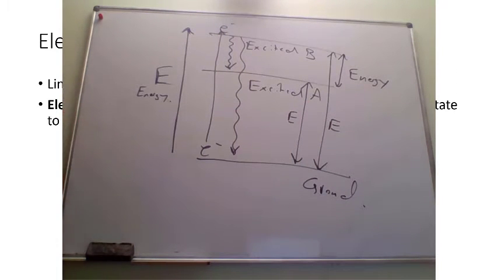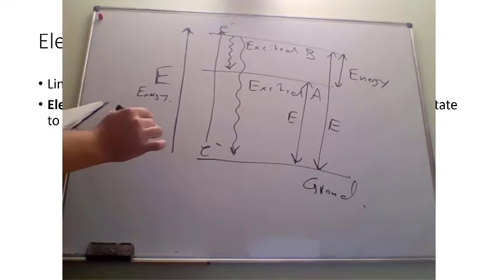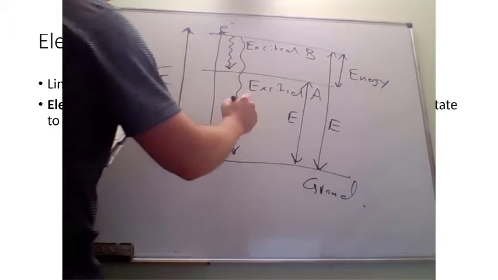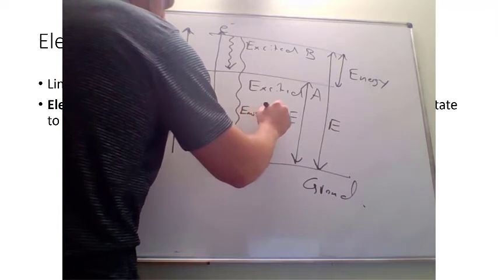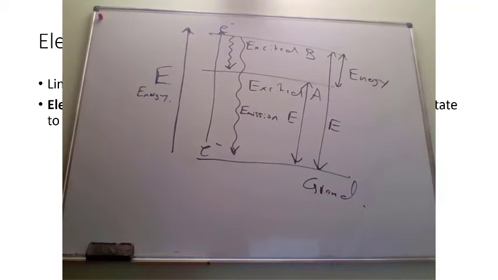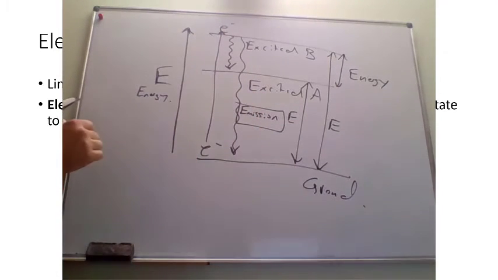Okay? And so this process of an electron returning down to a lower energy state is called emission. Okay? And so this emission is the electron dropping back down.